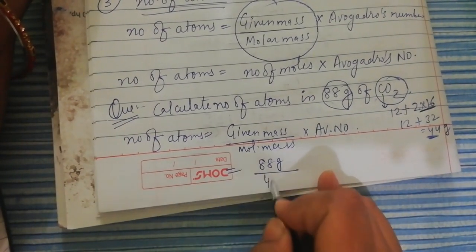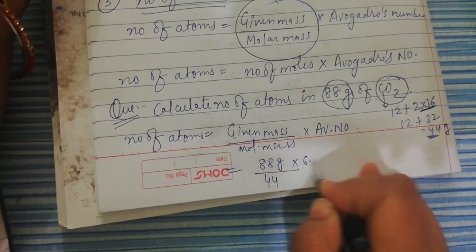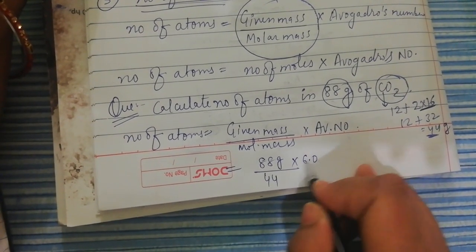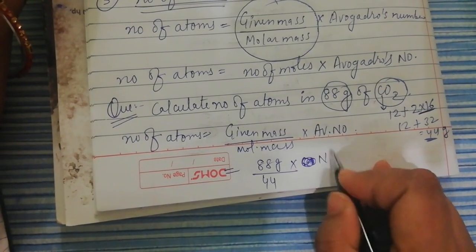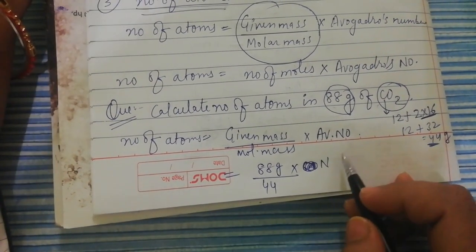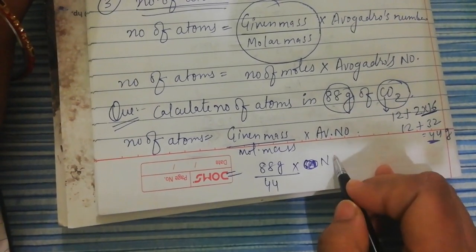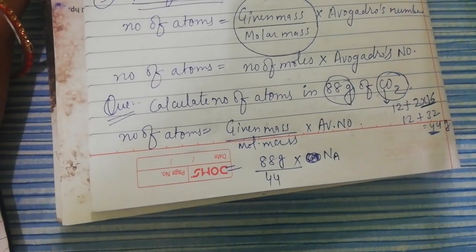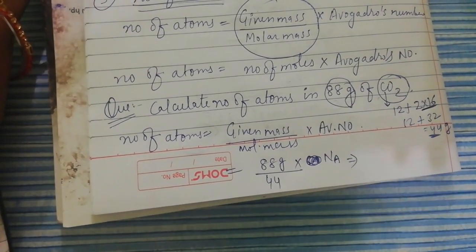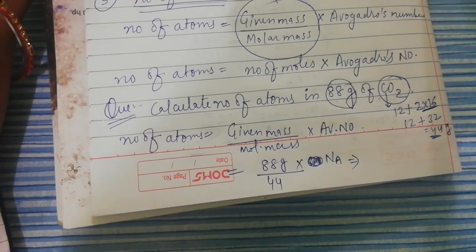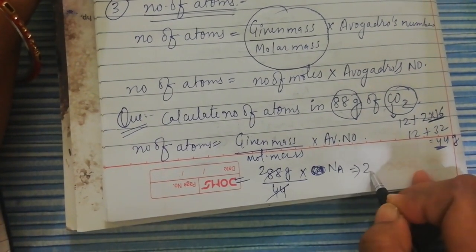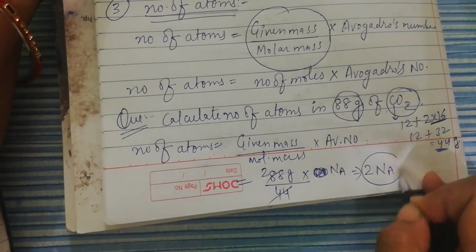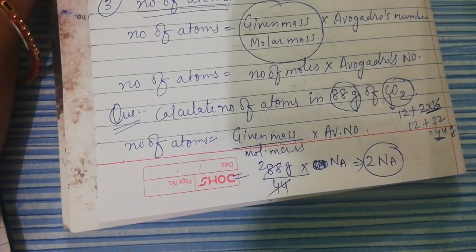So 88 by 44 into Avogadro's number. If you don't want to write the whole value, 6.022 into 10 raised to power 23, you can just write Na, which also represents Avogadro's number. So 44 twos are 88, so it will be 2 times Avogadro's number. Is that clear? This is very simple.